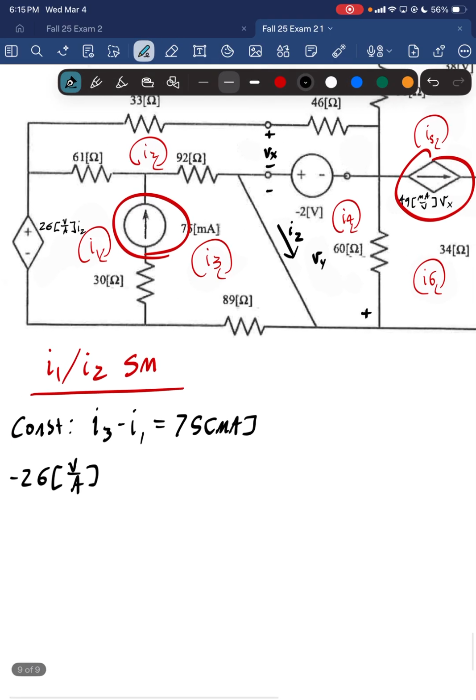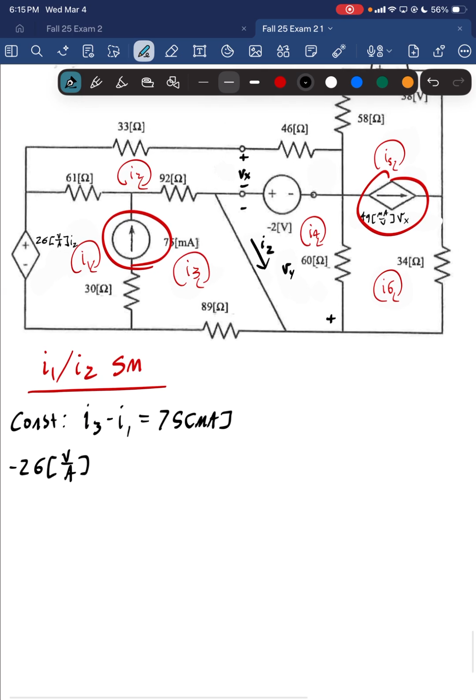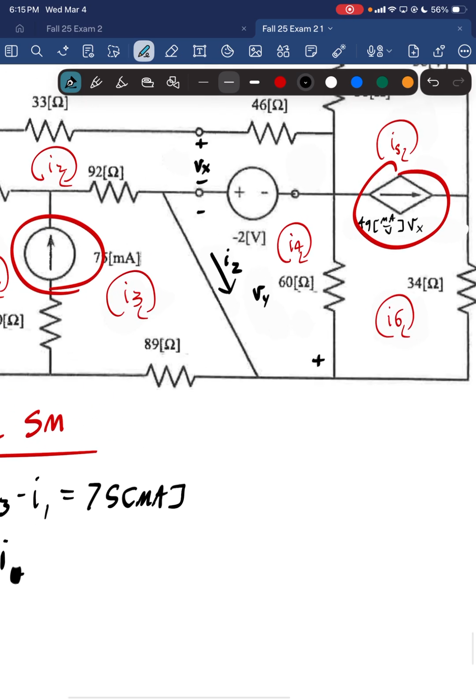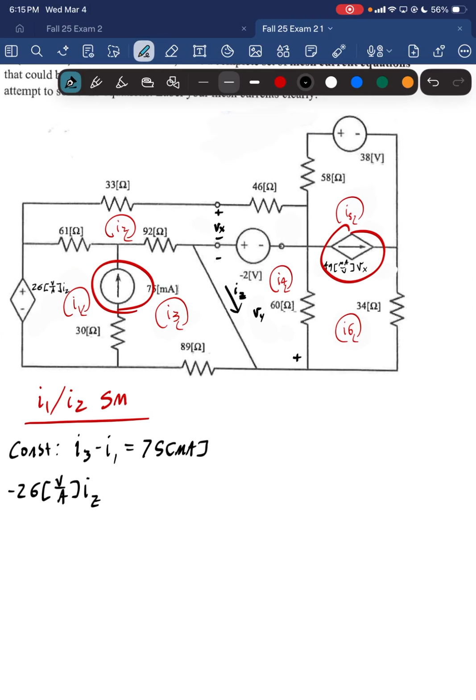Okay, so now back to our big KVL around the super mesh. We're starting at the bottom left here and going clockwise. So we're going to start with negative 26 IZ. That's a Z. I think it's actually I2, but I already defined an I2, so we can't have the same variable. So I'm just going to call it IZ for the sake of demonstration.